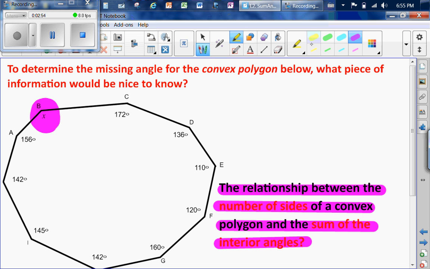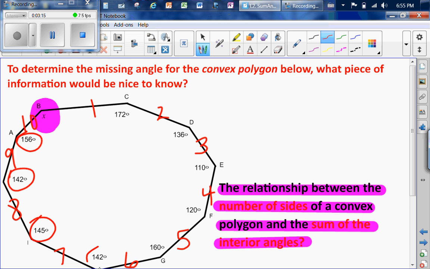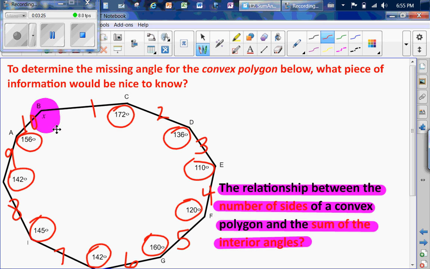This one has 1, 2, 3, 4, 5, 6, 7, 8, 9, 10 sides, but as you can see, all of the angles are very different. So we need to find out the relationship between the number of sides and the sum of all of these angles, so we can find the answer to this one. That's what we're going to do next.